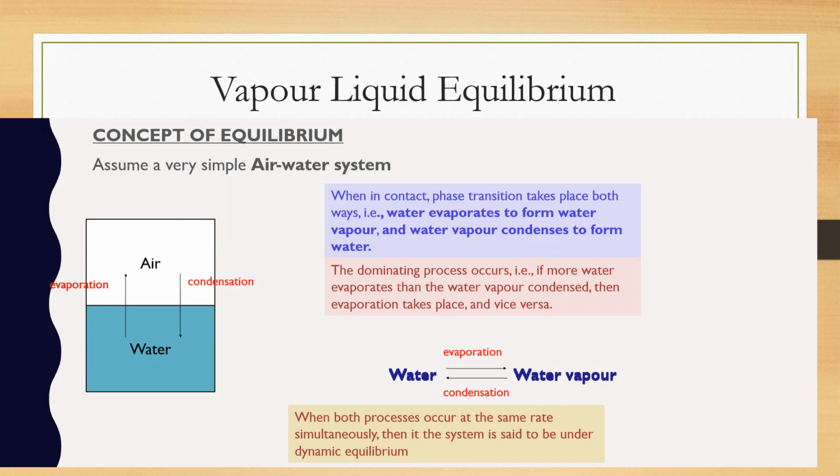And this concept is going to be carried along with you all till a very long time. All right. So you people need to understand this concept very nicely. So when we talk about vapor liquid equilibrium, let's say we are taking an air water system.